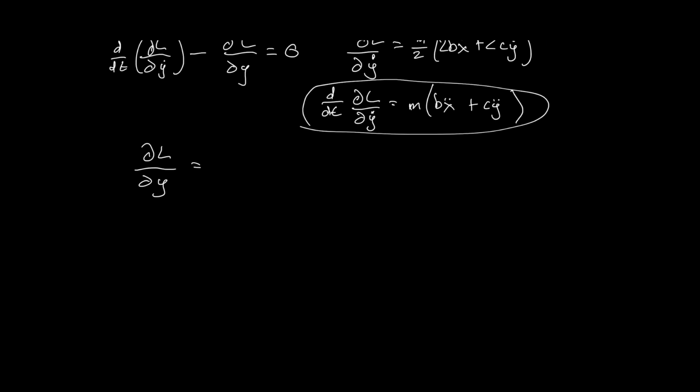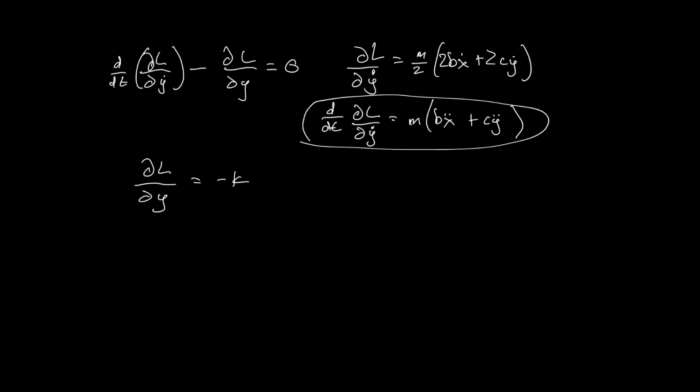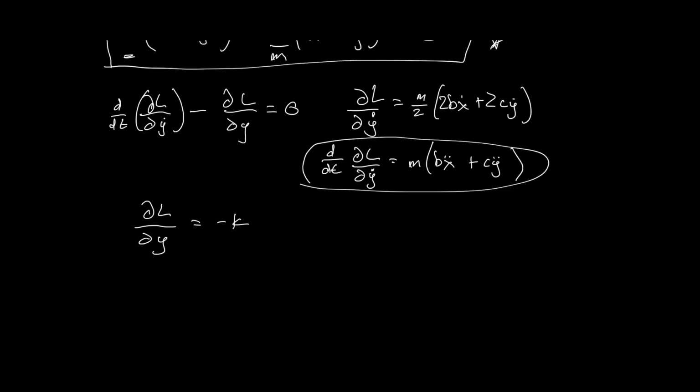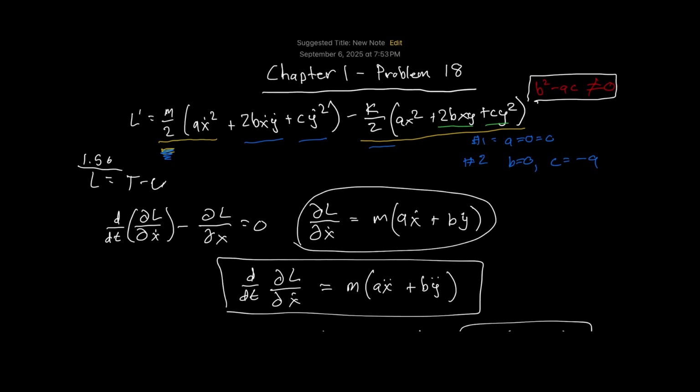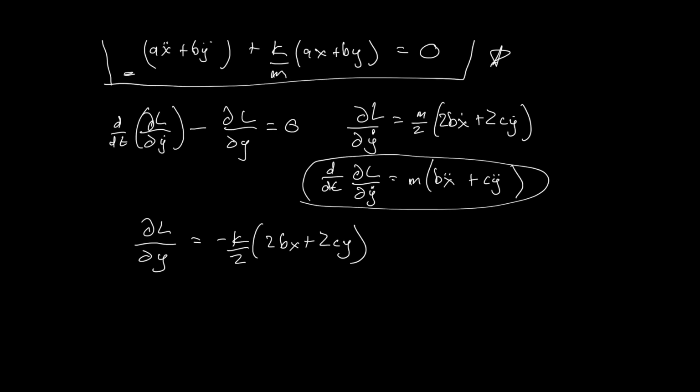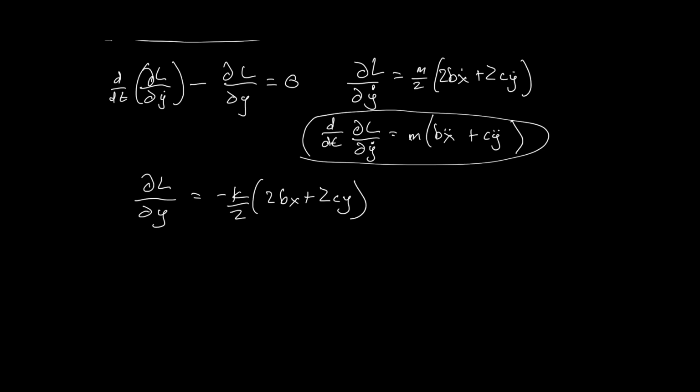So minus k over 2, right? 2bx plus 2cy. There's a minus over 2 up there. Okay, I see it. Now, what comes next is we'll just take out all the 2s, so we have minus k times (bx plus cy).